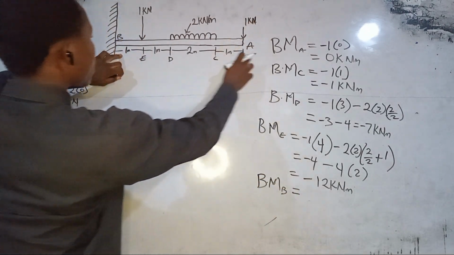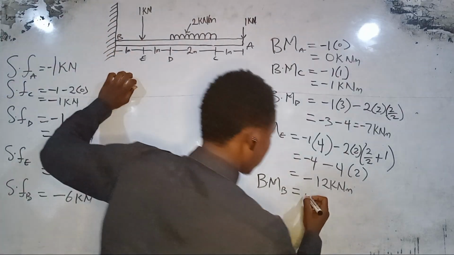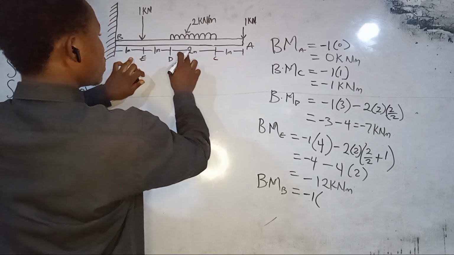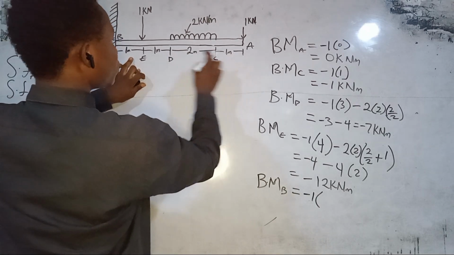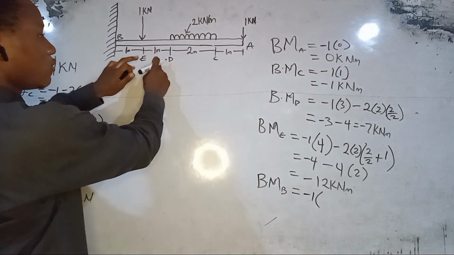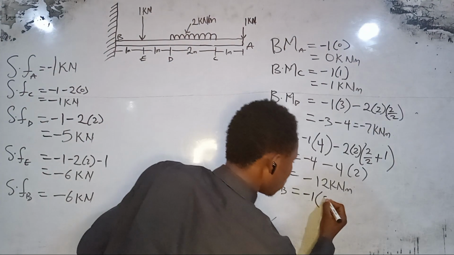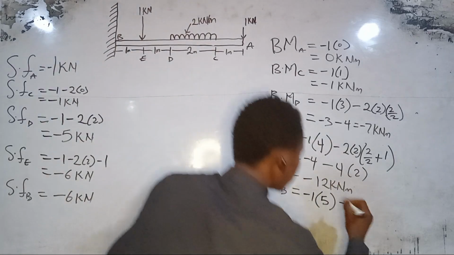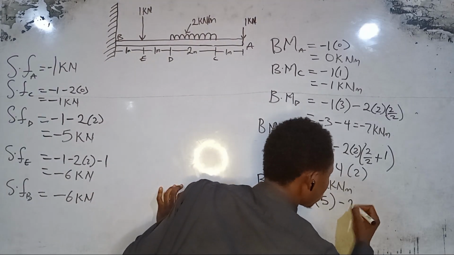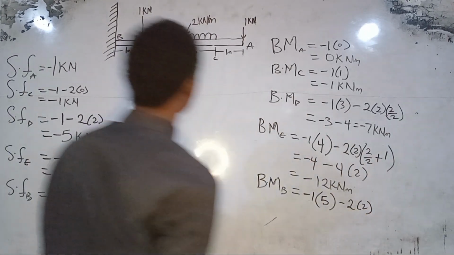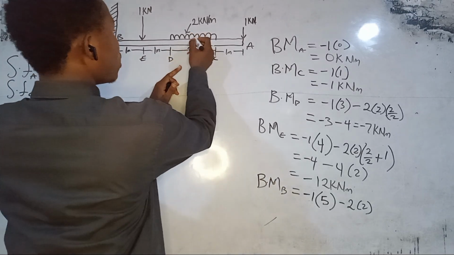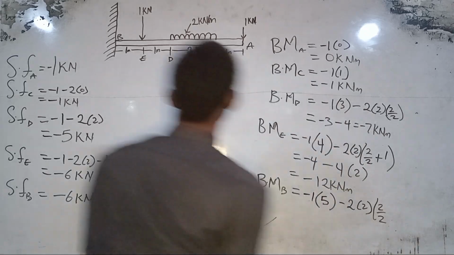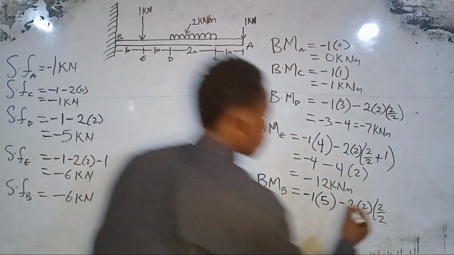Now the bending moment at B would be equal to 1 times the total distance from B, that is minus 1. The total distance from B here is 1 plus 2, which is 3, plus 1, 4, plus 1 here, which is 5. 1 times 5 minus, now for this one here, the shearing force, which is minus 2 times 2, then the distance from half of the span, which is 2 over 2 plus 1 plus 1, that is plus 2.